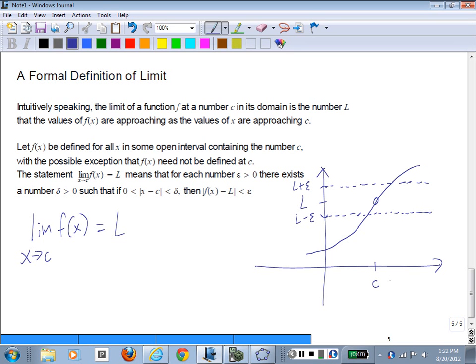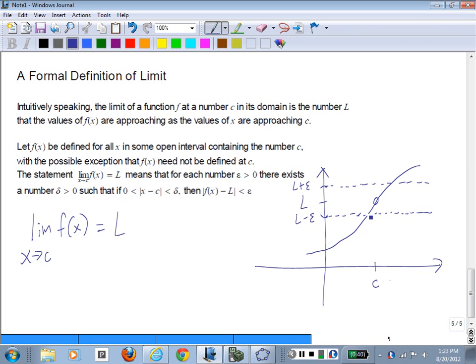It kind of looks like, because the graph goes through that point, as x gets close to C, f of x does get close to L. So for each epsilon greater than 0, there exists a number delta greater than 0. Well, how do I find the delta?